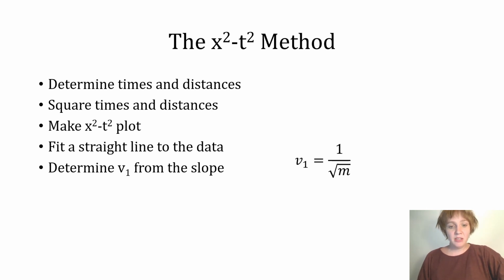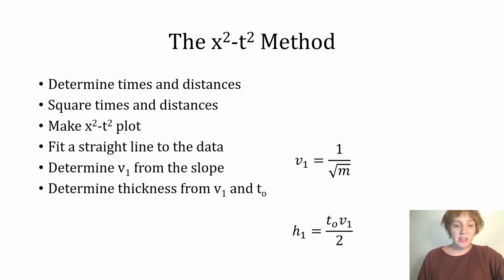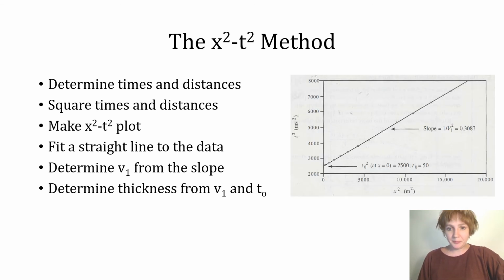Determine the velocity of the layer from the slope of the line. And then determine the thickness of the layer from the velocity you just determined and from the intercept time, which is just the y-intercept, the plus b part of the y equals mx plus b equation.